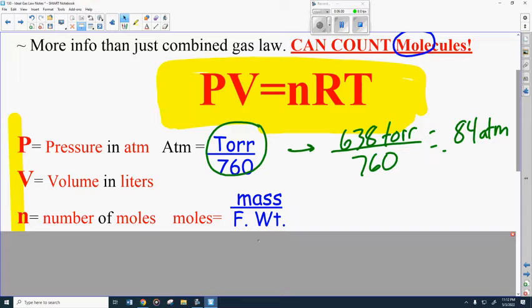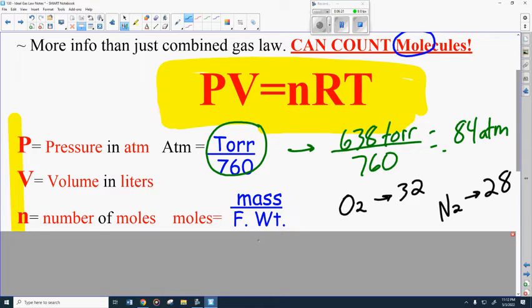A lot of the gases that we use are diatomic, so stuff like O2. That's 2 oxygens, so its formula weight is 16 plus 16, which is 32. Or N2, for example, that's 2 nitrogens, 14 plus 14, so that formula weight is 28. So just be careful there.